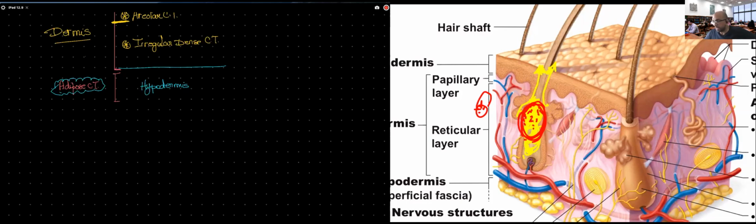So why is it common in children during puberty? During puberty, because of the sudden rise of the sex hormones, one of the things that will be affected is going to be the oil secretions released from the sebaceous glands.